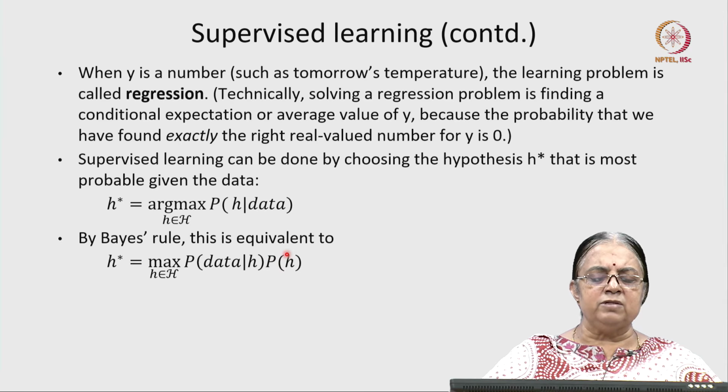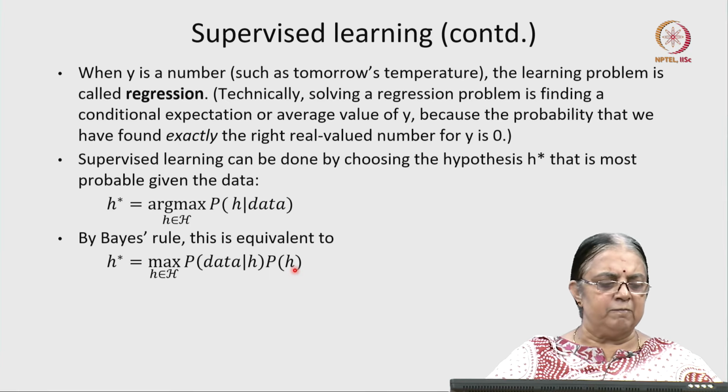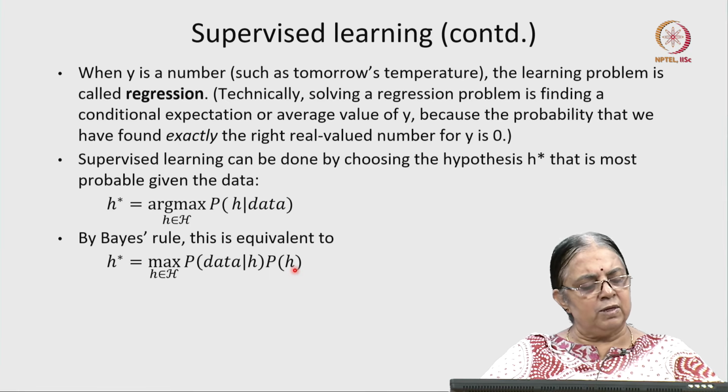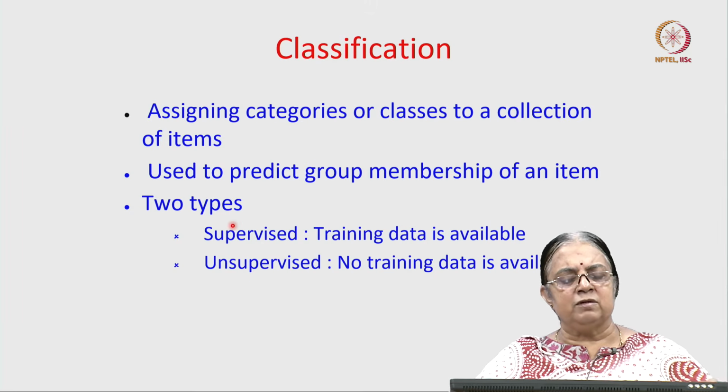Using Bayes rule and the product rule, this is equivalent to H star equal to max over H of P of data given H into P of H. So, that is what we are trying to do in supervised learning.